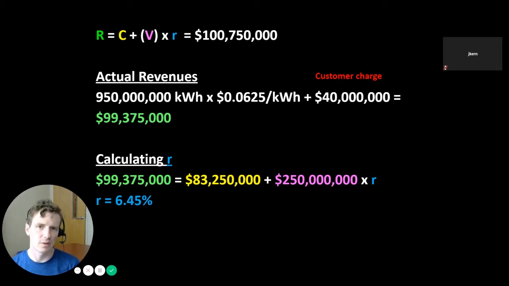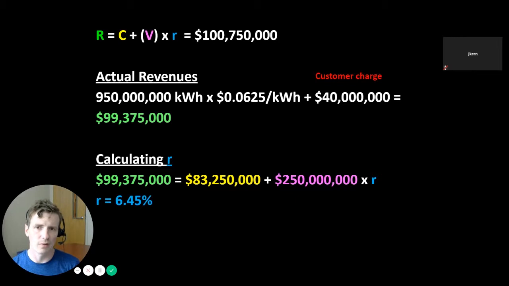So now they're actually selling 950 million kilowatt hours of electricity, and they're selling it at that volumetric rate that we calculated first of 6.25 cents per kilowatt hour, and they're still charging each one of their 1 million customers $40 per year just to be connected to the grid. So we're assuming here that even though customers are putting rooftop solar on their houses, they're not completely disconnecting from the grid. So the utility is still making that $40 million just by having 1 million customers connected.